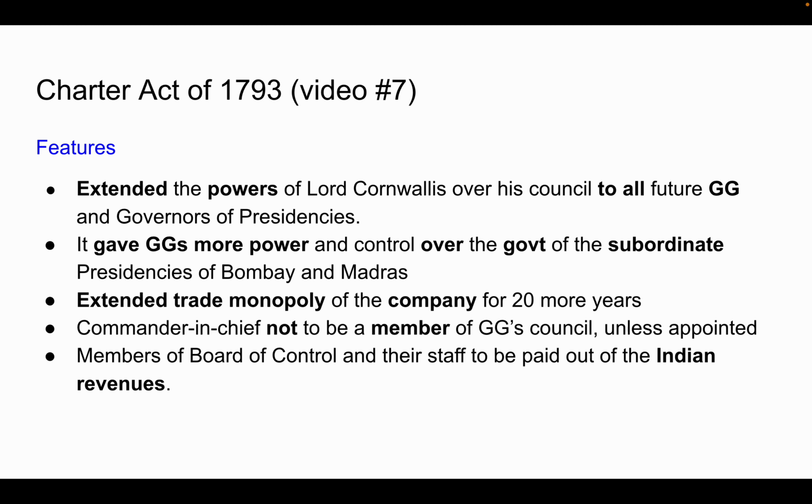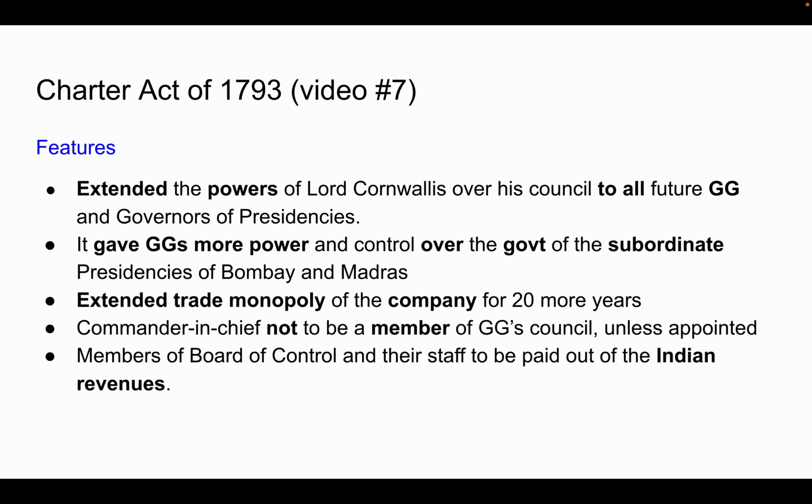So the first feature is it extended the powers of Lord Cornwallis over his council to all future governor generals and governors of presidencies. So he already had special powers over his council. Now those powers are extended to all the future governor generals and governors of presidencies. Second, it gave governor generals more power and control over the government of subordinate presidencies of Bombay and Madras.